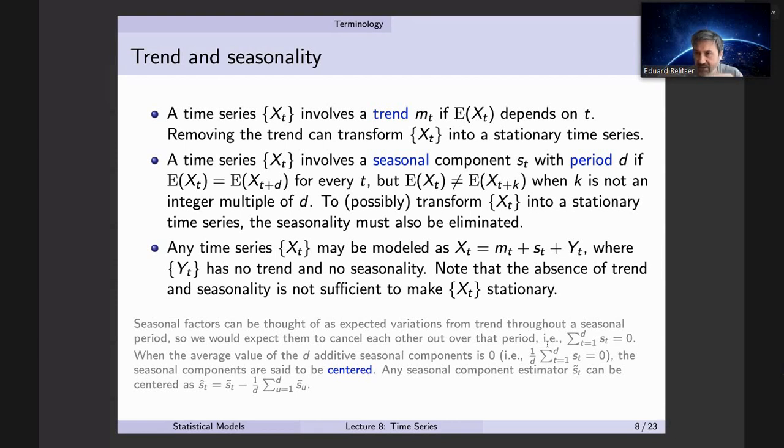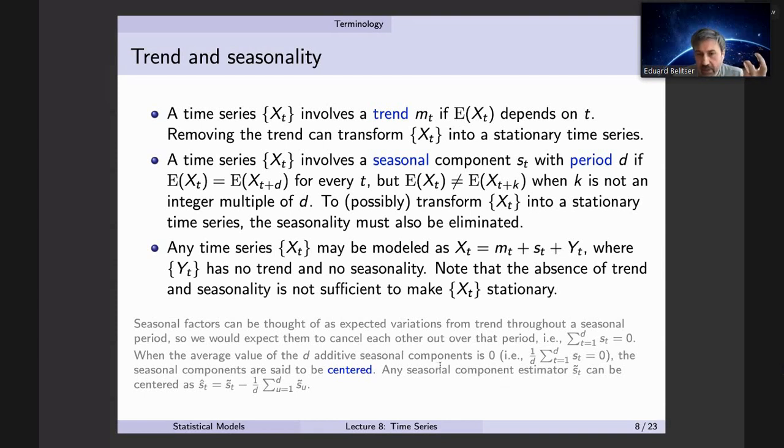There's a trend, and there is a seasonal component which wiggles around the trend and cancels out if you sum it over the whole period. Why are we thinking that way? To make the trend and seasonal component different from each other, because otherwise you cannot even distinguish between them. At least this helps to separate the two. Otherwise, it's not an identifiable problem to extract trend and seasonal component. You need to assume something about the seasonal component to be able to extract it and not confuse it with the trend.